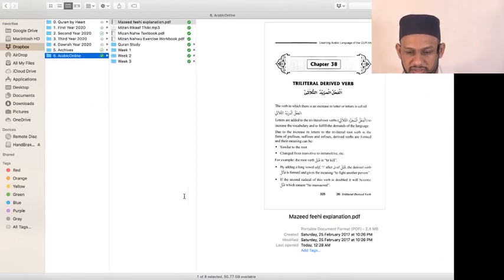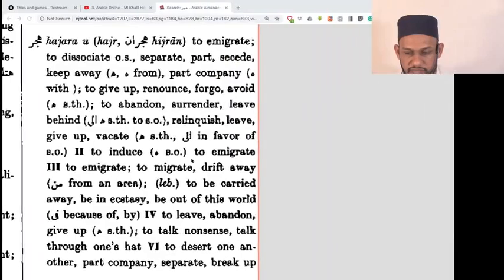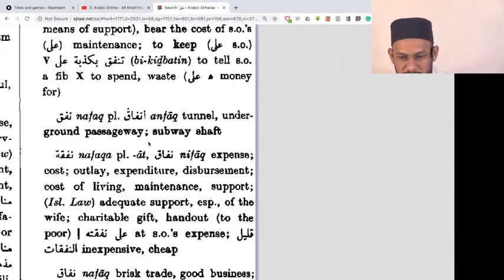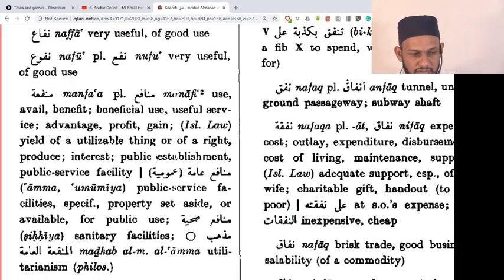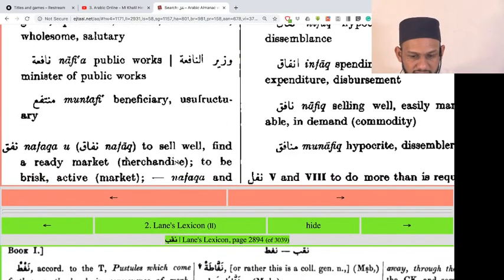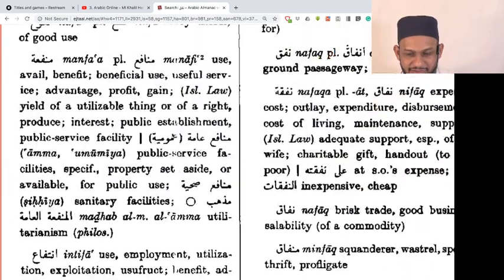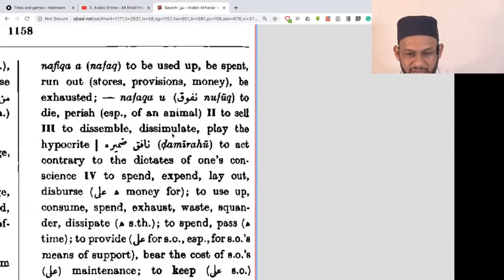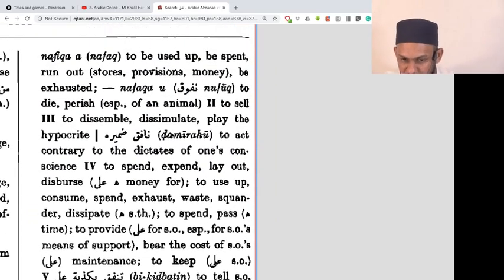Nafaqa, bismillah. Nafaqa, interesting words. Nafaqa means to sell well, to find a market for your merchandise, to be a brisk, active market. Whereas on the third bab, nafaqa also means to be used up. When you give nafaqa, then your money gets used up.